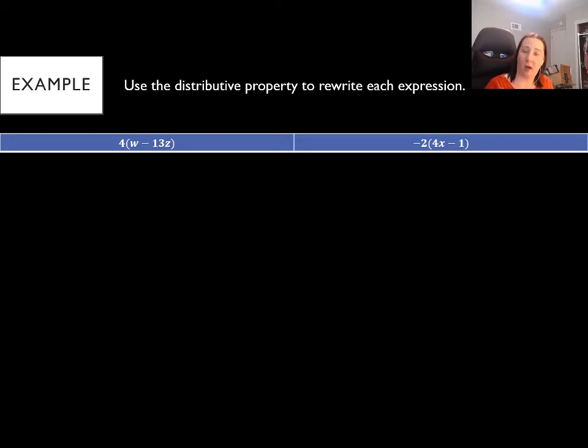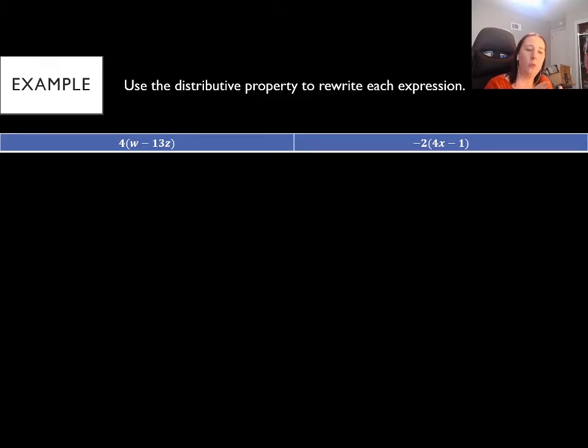So on the left, I've got 4 times w minus 13z. So I have a w, there's no number in front, so I'm going to rewrite that as a 1w. And if you see subtraction, rewrite it as adding a negative. The reason why I recommend you do that is when you're just learning these things, it's really easy to mess up your signs.